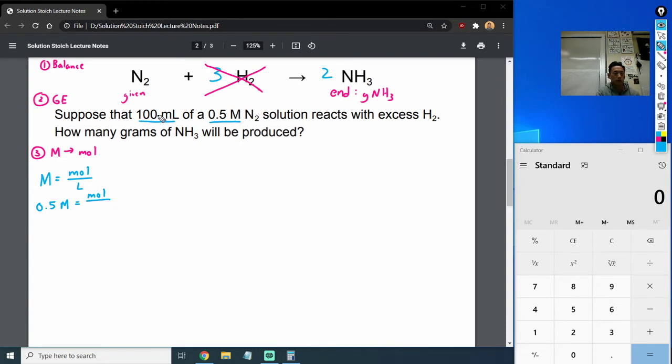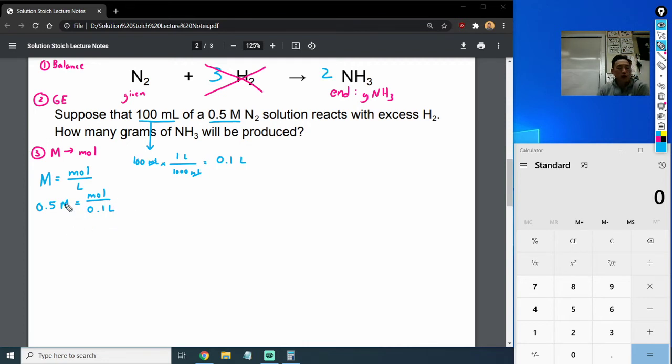I have 100 milliliters. If I want to turn 100 milliliters into liters, I need to do dimensional analysis. This part should look a little familiar. We just did it for our warm-up problem. 1,000 milliliters is 1 liter. Milliliters cancels out, and that should give us 0.1 liters. So on the bottom, we're going to put 0.1 liters. I don't know if you noticed, but this is basically the same problem that we did for the warm-up.